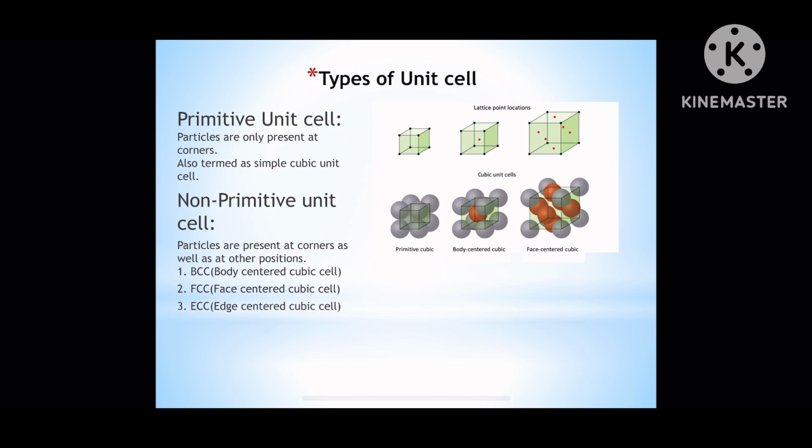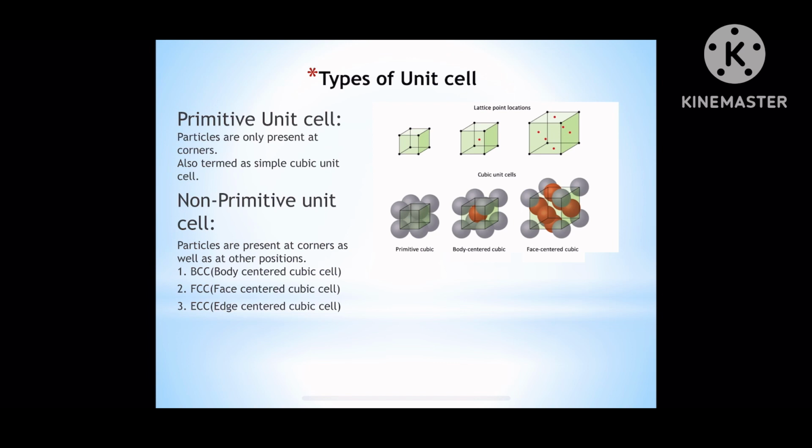Now we have to discuss the types of unit cell. There are two types of unit cell: primitive and non-primitive. Primitive unit cells are those in which particles are present only at the corners. This is an example of a simple cubic unit cell. You can see the diagram of a cube in which the corner atoms are represented by dots.